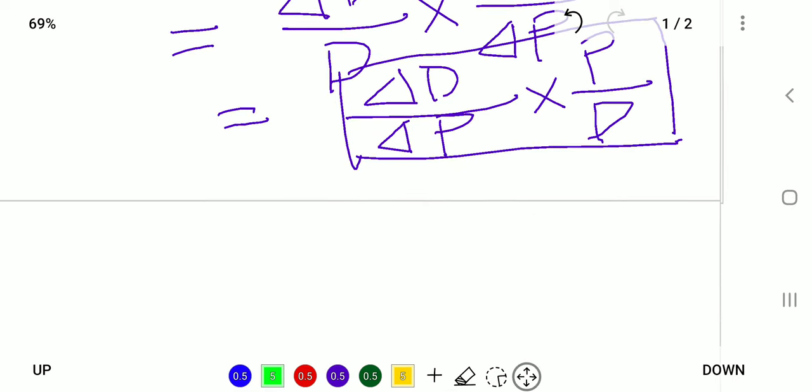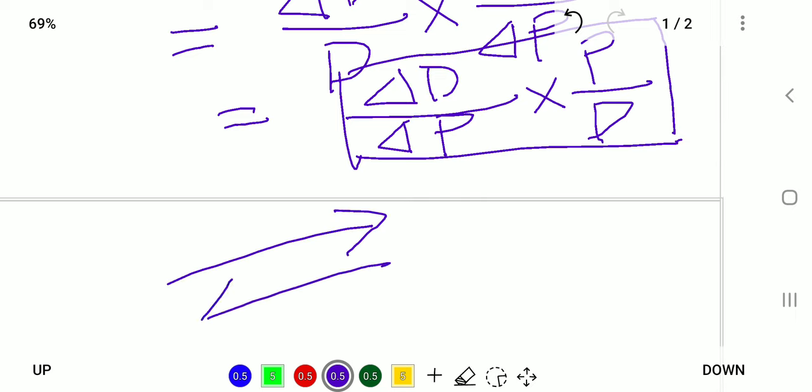Now there is an inverse relation between price and demand. In our previous video we discussed the law of demand.